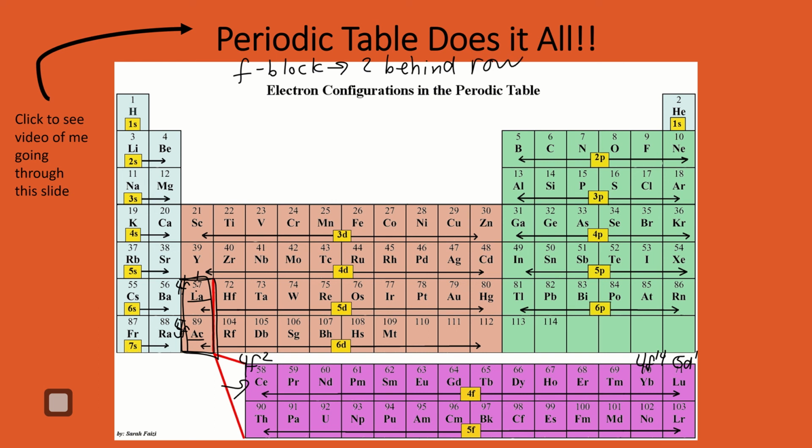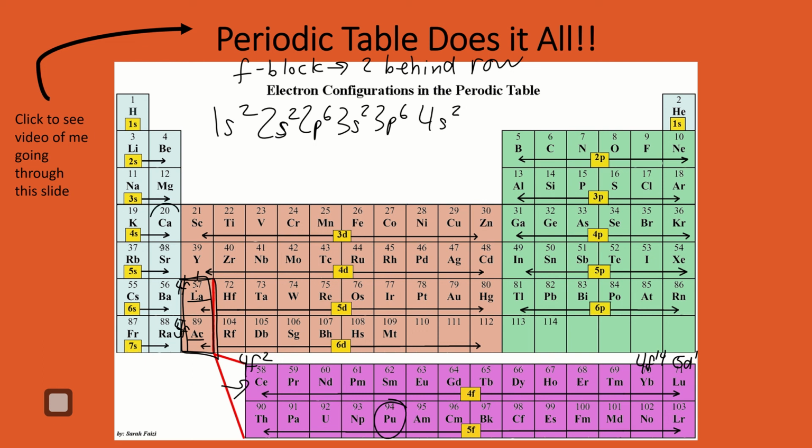And again, this is one of those things that we just kind of get used to. You use it while you have everything labeled very nicely, and then you obviously hopefully make the connections when you don't have it labeled anymore. But what would happen here, I'm going to go ahead and just do a big element. I'm going to go all the way to plutonium, 94. Okay? So it would be 1s2, first row, 2s2, 2p6, 3s2, 3p6, 4s2.